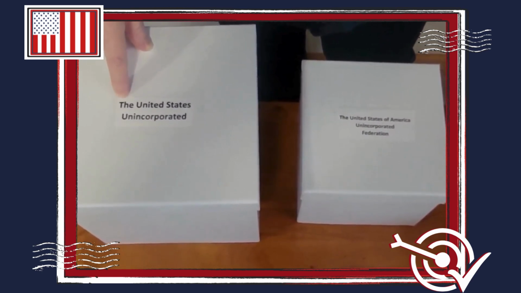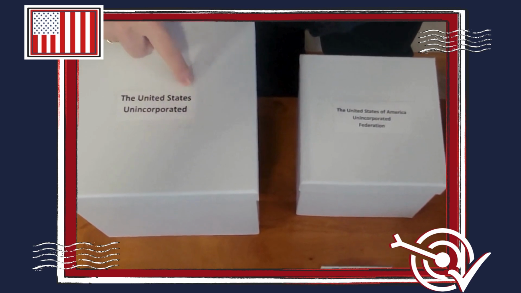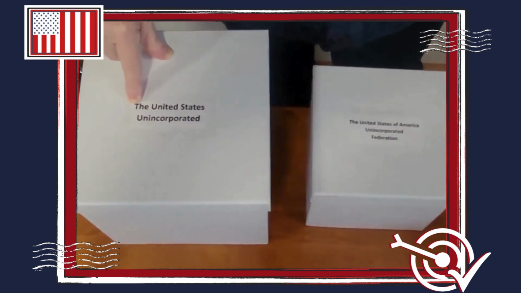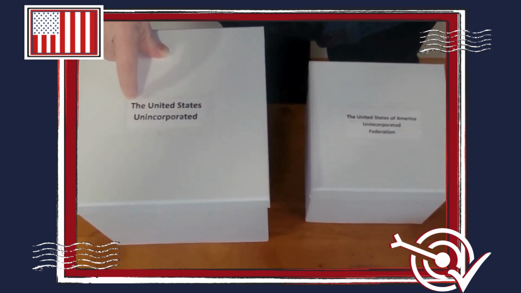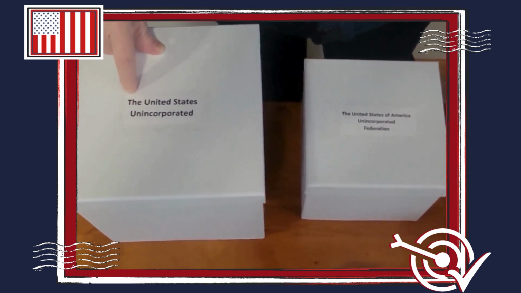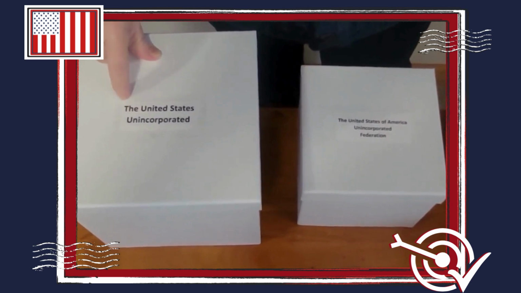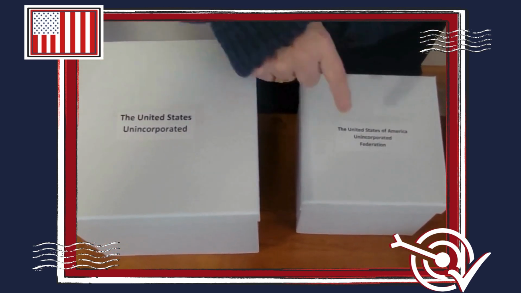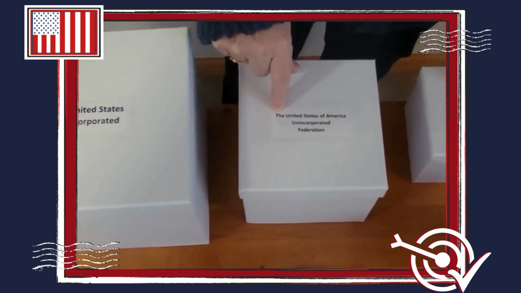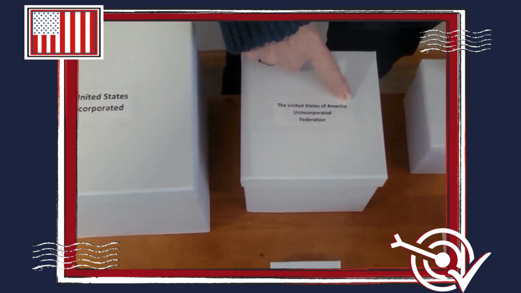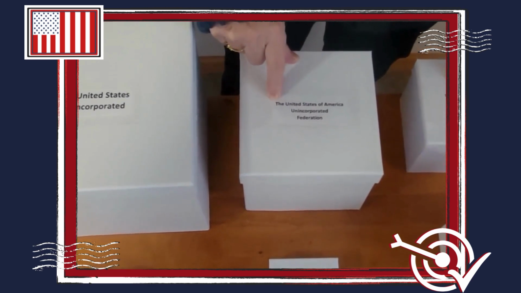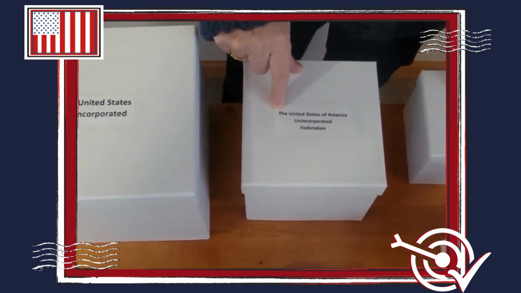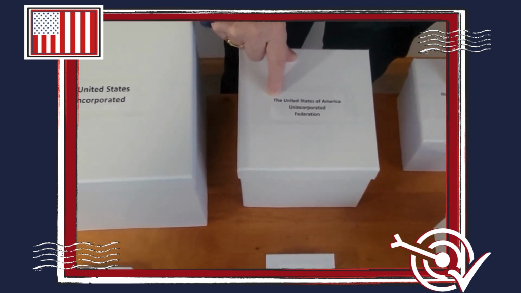Okay? The is part of the name of the United States, and it is capitalized, which in English indicates that it is unique. This is it. This is the big kahuna. Same thing here, the Federation. The United States of America is unique. The T is capitalized.